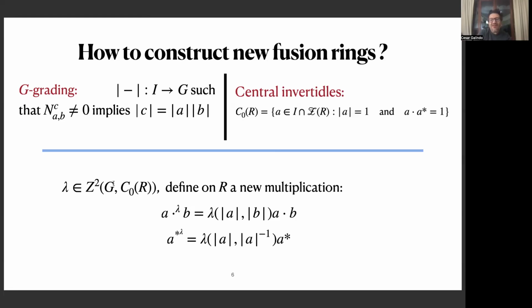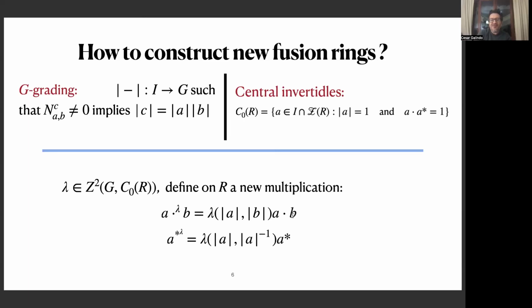In principle you can take any function that, given a pair of elements of the group, assigns an invertible element in this abelian group, and then you can define this new product.